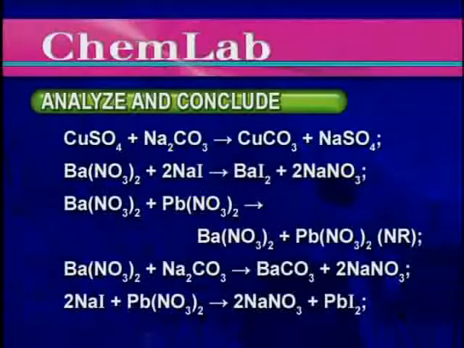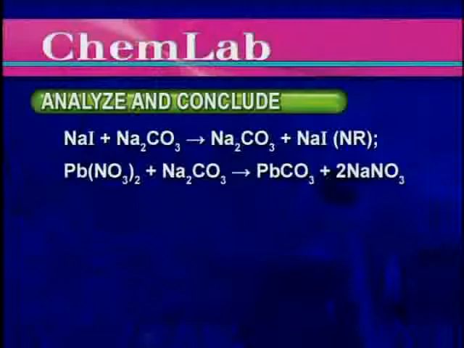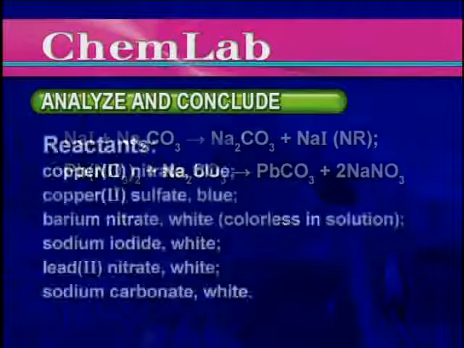Ba(NO3)2 plus Na2CO3 yields BaCO3 plus 2NaNO3. 2NaI plus Pb(NO3)2 yields 2NaNO3 plus PbI2. NaI plus Na2CO3 yields Na2CO3 plus NaI, NR. Pb(NO3)2 plus Na2CO3 yields PbCO3 plus 2NaNO3.